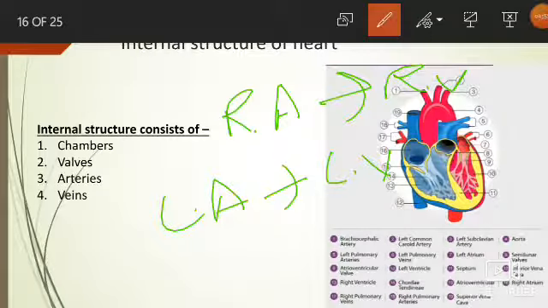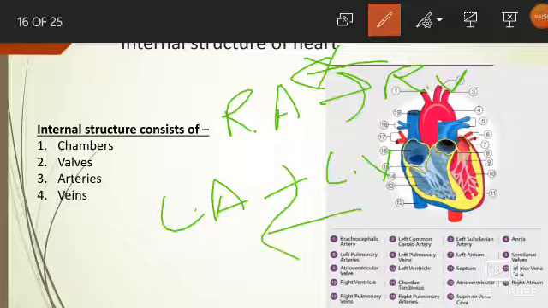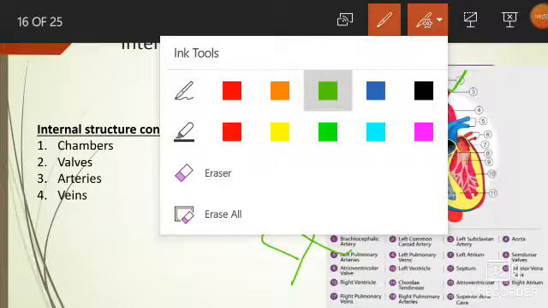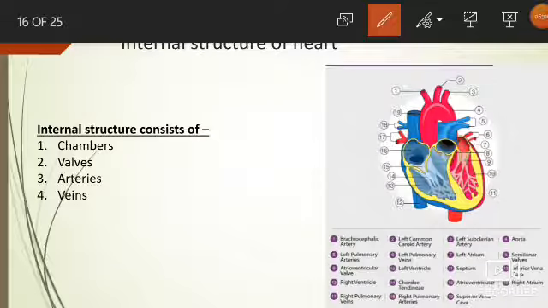There is no backflow from the right ventricle to the right atrium, or the left ventricle to the left atrium. So to ensure the uniflow of blood from the right atrium to the right ventricle and the left atrium to the left ventricle, there is the presence of valves. The valves prevent backflow of blood from the right ventricle to the right atrium and the left ventricle to the left atrium. I hope you all get this.